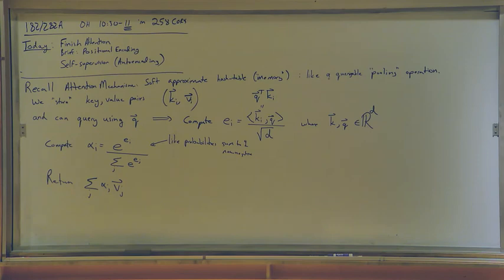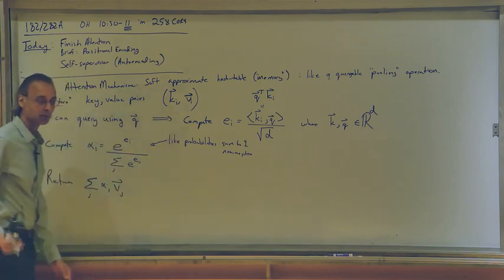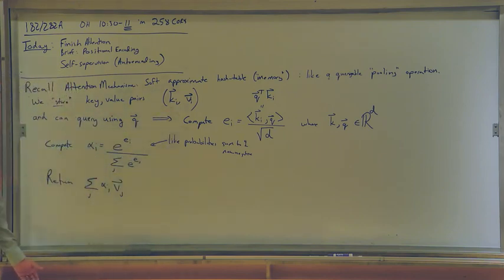Great question. The question is, we store these key value pairs, so where are we getting these keys and values from? And where are we getting this query from? The answer, like anything else in the context of deep neural nets, is that if you need something and you don't know where to get it from, you say that transformation should be learnable.